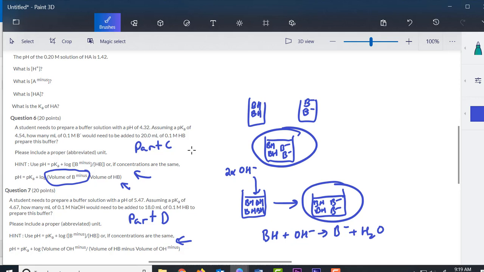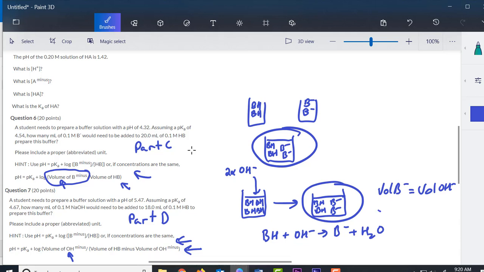And it's important there to use this equation, because what we're finding here is that the concentration of B minus is going to be the same as, let's do that again, we'll do it with the volumes. The volume of B minus at the end is going to be equal to the volume of OH minus that was added. So that's why if we look at the equation here, we've got the volume of OH minus on top here, whereas over here we have the volume of B minus, but that's going to be the same thing. So volume of OH minus is going to be on top.